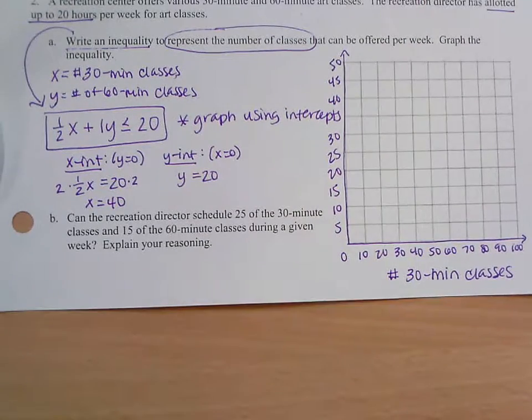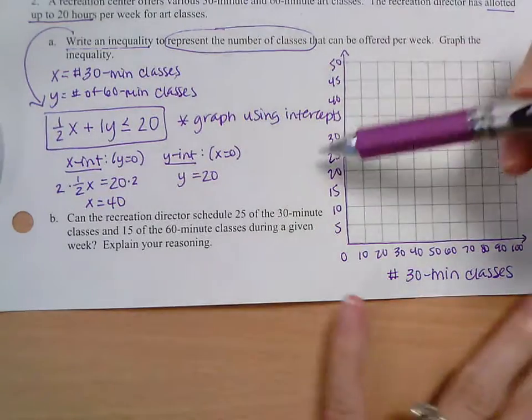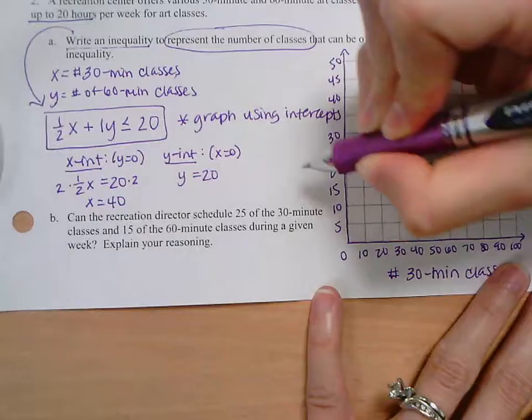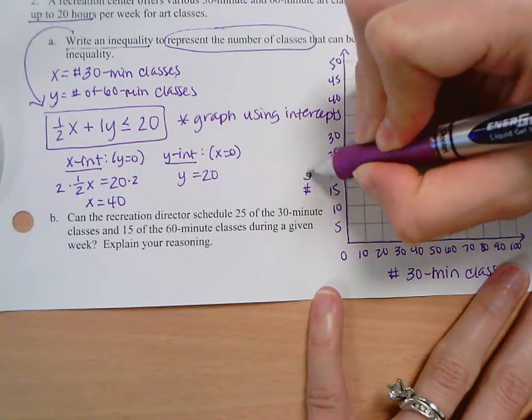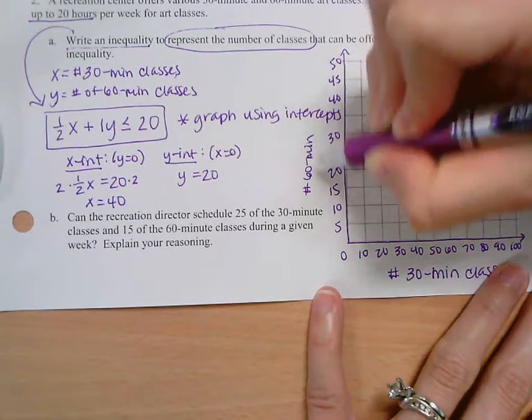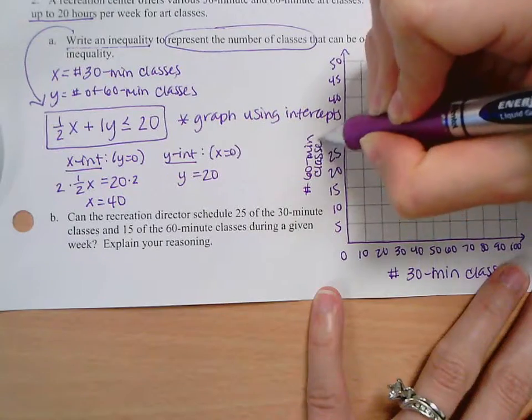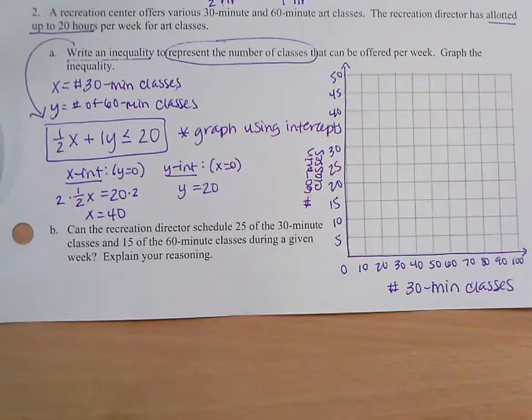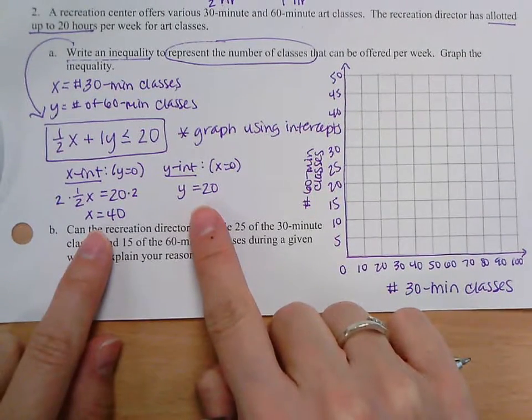You'd have 20 at the very top if you scaled it by 2s. And my y-axis, this is the number of 60-minute classes on the y-axis.